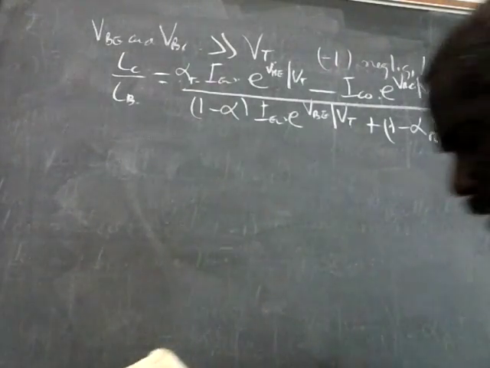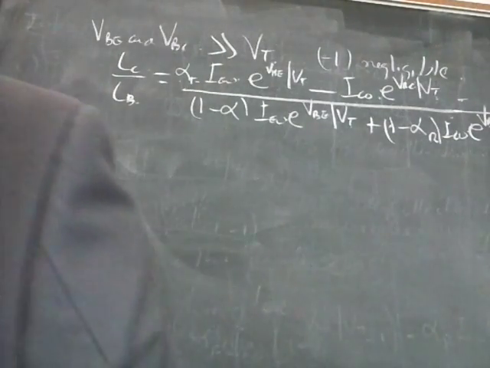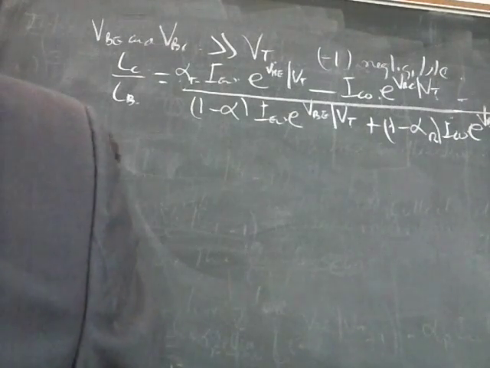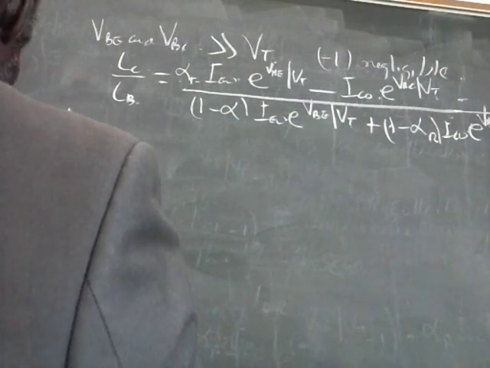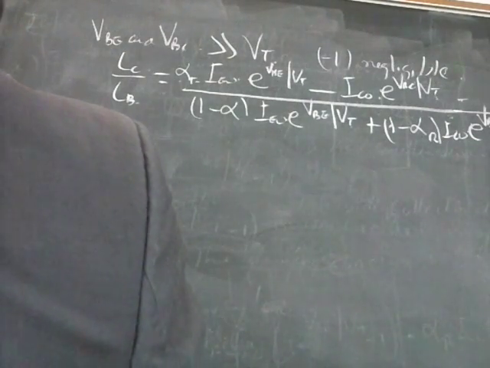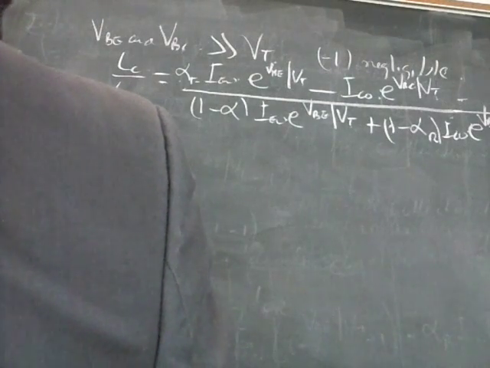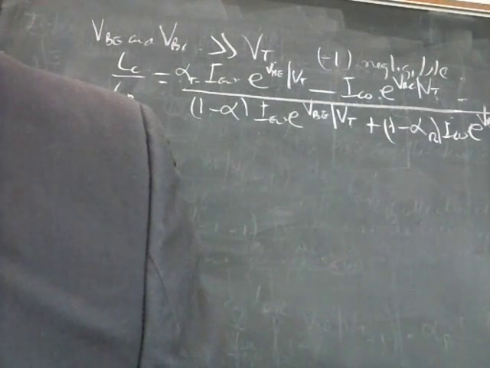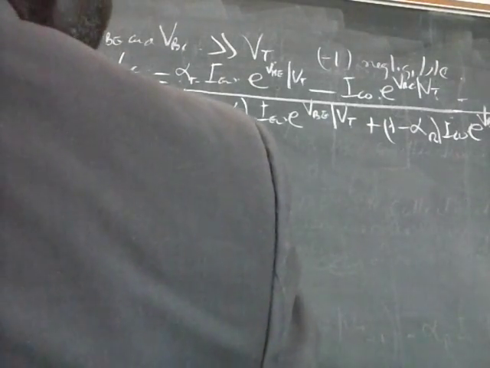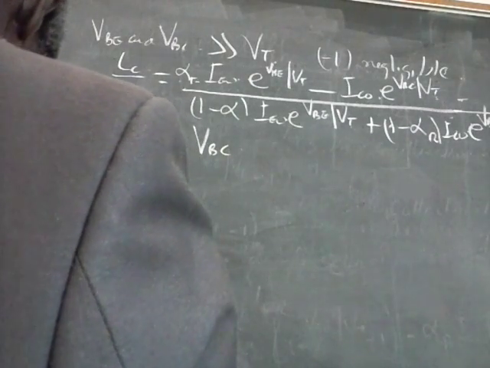Minus one again is negligible. And we note that the collector-emitter voltage is the base-emitter minus the base-collector.